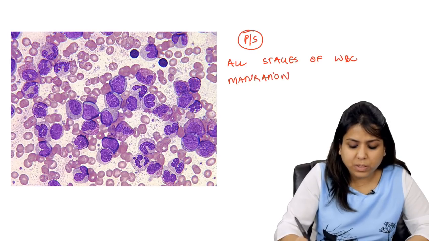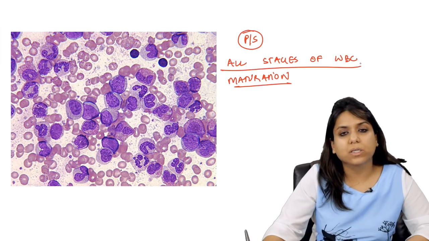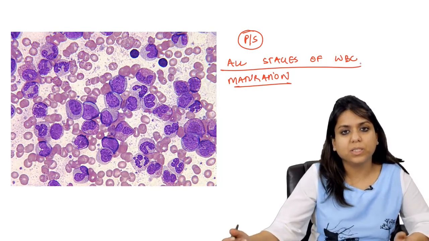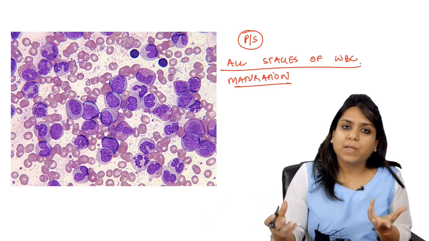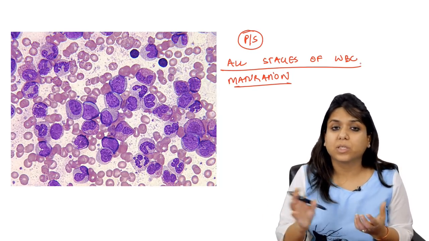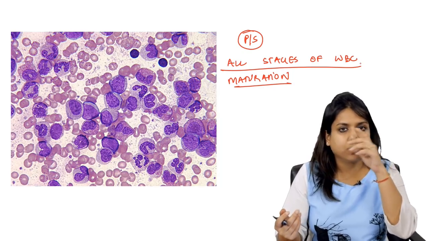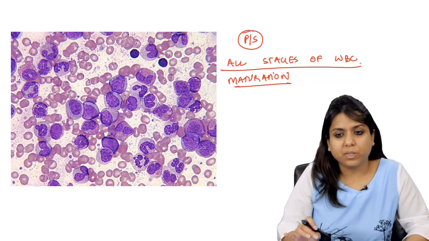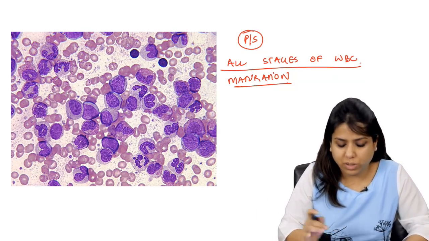Ideally, on a peripheral smear, you do not see all stages of WBC or RBC maturation. In a peripheral smear, you see only mature cells, and in a bone marrow aspirate, you see both mature and immature cells, right? This is a peripheral smear which shows cells in all stages of maturation.